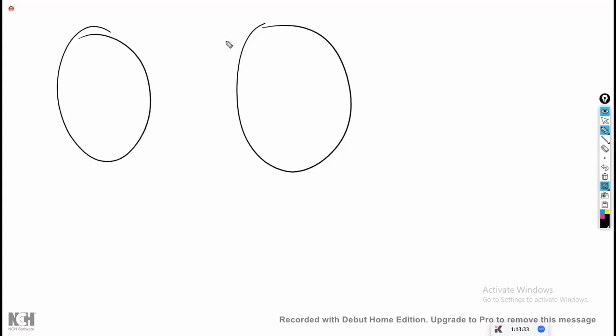Now, for understanding KNN in a simple, dead easy way, I'll tell you like this. In a college, two groups are there. In a particular college, two groups are there, group 1 and group 2.